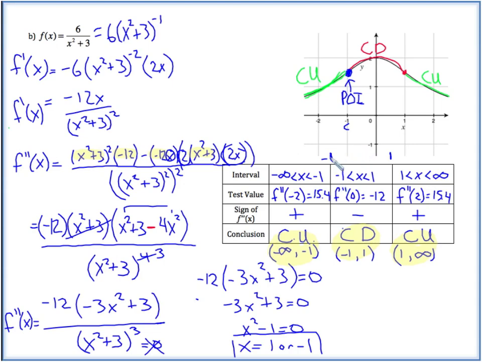You can see at -1 our second derivative equaled 0. And there was another point of inflection here because we switched from concave down to concave up. So that's also a point of inflection, and the second derivative was also 0. So there are always two things that have to happen: the second derivative has to be 0 or not exist, and we have to switch from concave up to concave down, or concave down to concave up.